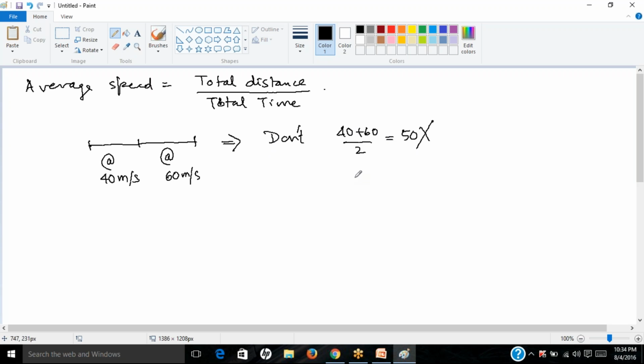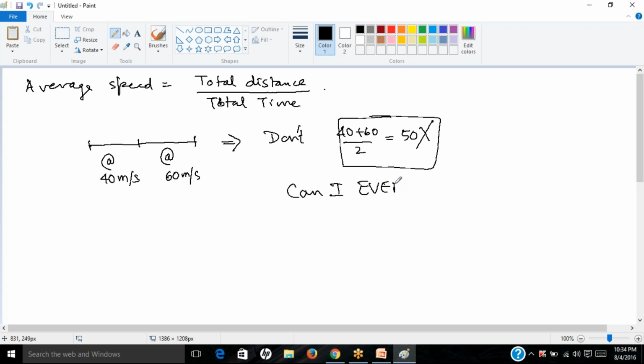This is wrong. How many of you heard that? You have to find the total distance, then calculate the time taken, and then divide them to get the answer. Now my question to you is, can I ever do this?